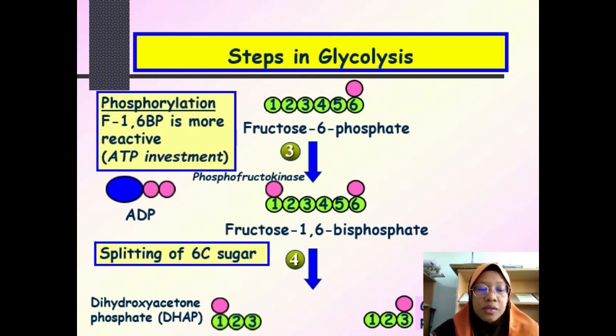Bila dah pecah, so for glycolysis purpose, the dihydroxyacetone phosphate ni, dia akan dikonvertkan kepada glyceraldehyde 3-phosphate. So this is the 5th step. So kalau tujuan dia kita nak buat glycolysis, dalam keadaan gula dalam badan kita tak banyak sangat, so what will happen is DHAP kita akan tukar kepada G3P.